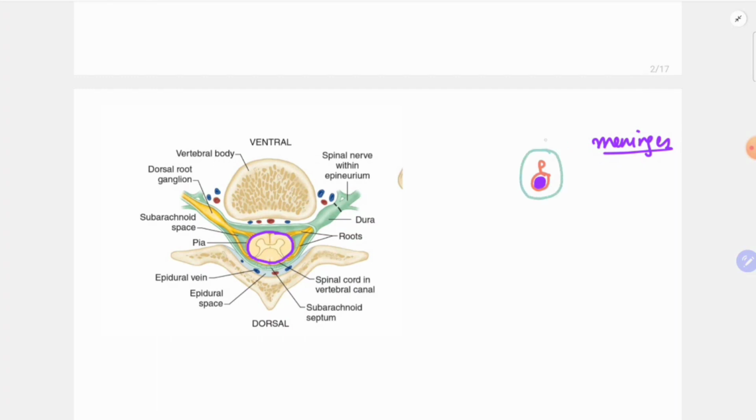Outside this is the arachnoid mater, and further out is the dura mater. Outside this dura mater we will have our vertebrae. So you see, this is the spinal cord and it has its meninges. The roots are coming out, and even these roots have these coverings. This is the dura, the outermost meningeal layer, and outside this we finally have the bony structure, which is the vertebral column. Now remember this cross section.